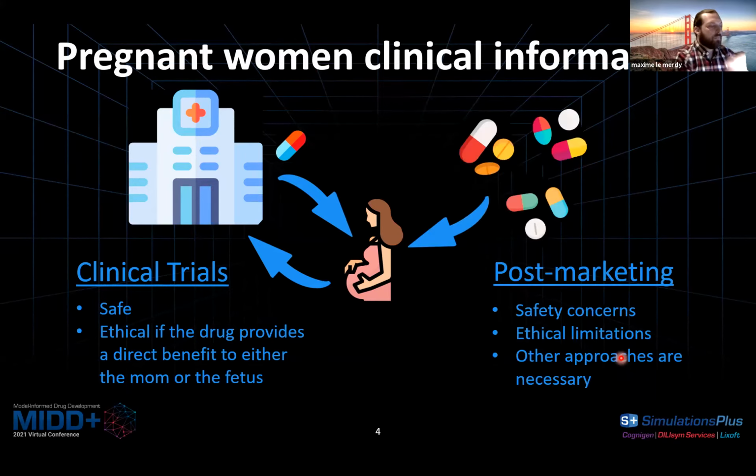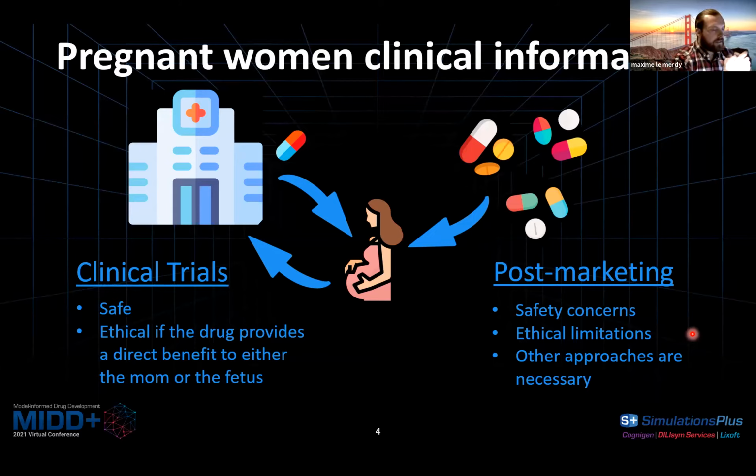In most cases, what is performed by the industry are post-marketing studies where we look at the pharmacovigilance data and we try to identify which drugs have been taken by a pregnant population. Are there any side effects, major side effects?